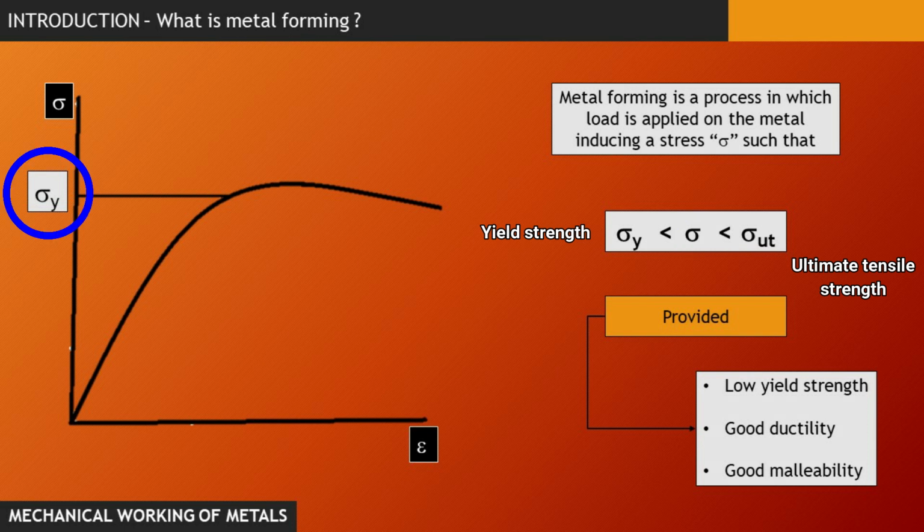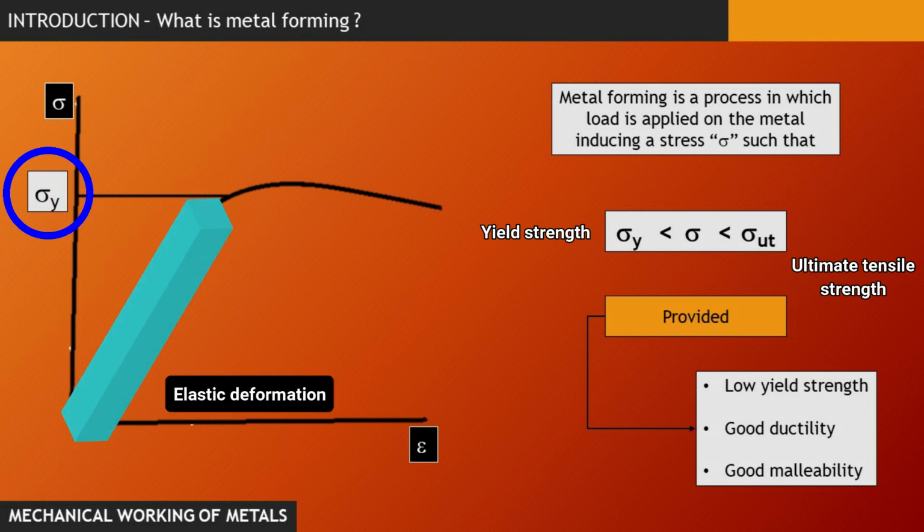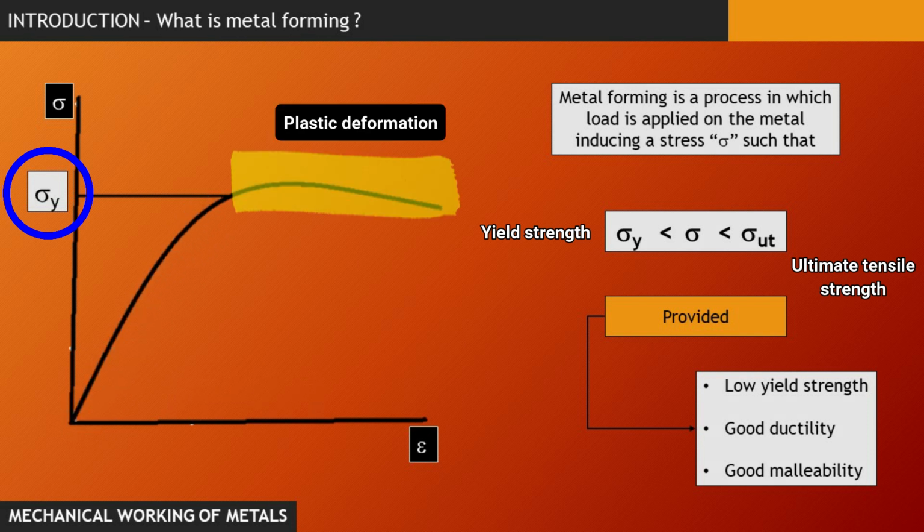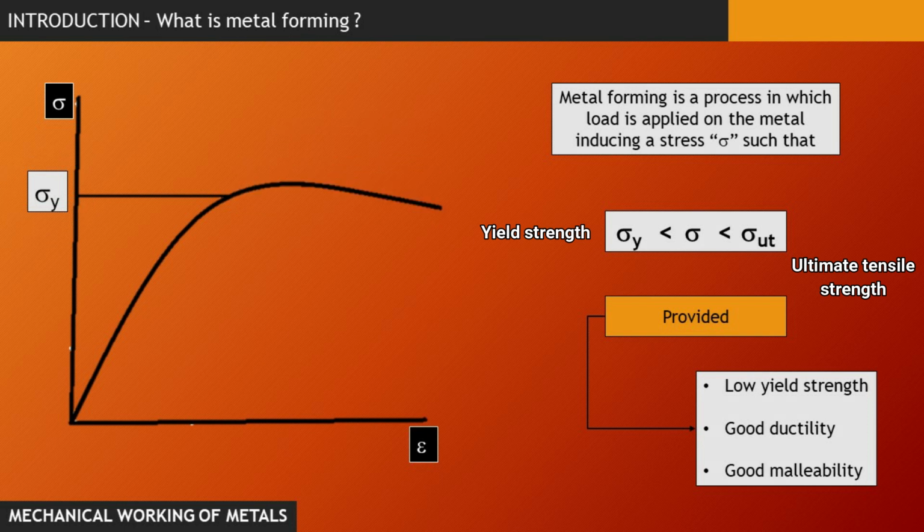Now this sigma y is the yield strength, which is that strength of the material up to which elastic deformation takes place in the material and beyond which plastic deformation occurs. And hence the applied load should generate a stress higher than the yield strength.